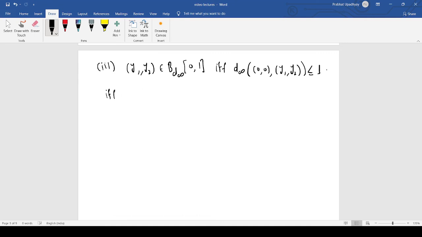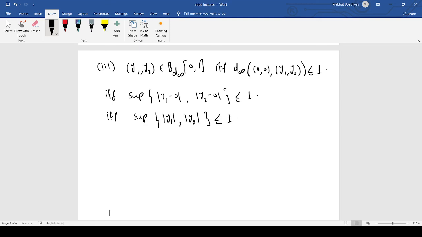This is possible if and only if supremum of mod y1 minus 0, mod y2 minus 0 is less equal 1. This is possible if and only if supremum of mod y1, mod y2 is less equal 1.